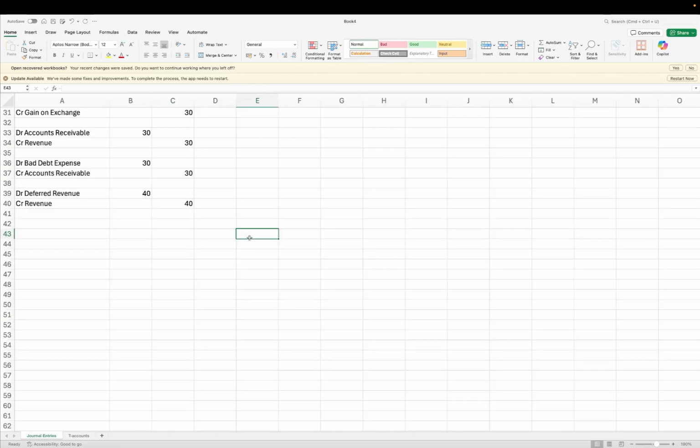Next, I record an impairment adjustment for the client list. The client list was originally recorded as an intangible asset valued at 80 loot. However, several villages have stopped paying, so the asset's recoverable value is now estimated at 45 loot. So the difference between the original value and new value is 35 loot. This decrease in value is recorded as an impairment loss.